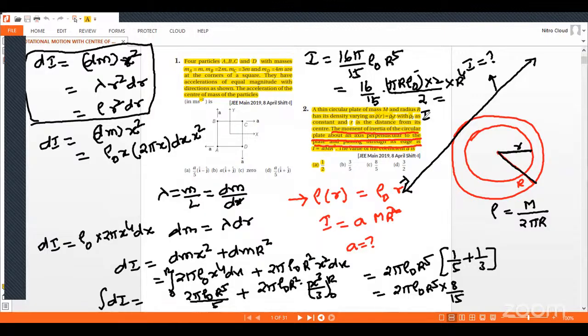So moment of inertia will be 8 by 15 into m r power 4. So A equal to 8 by 15 r square, which is not there. Okay?